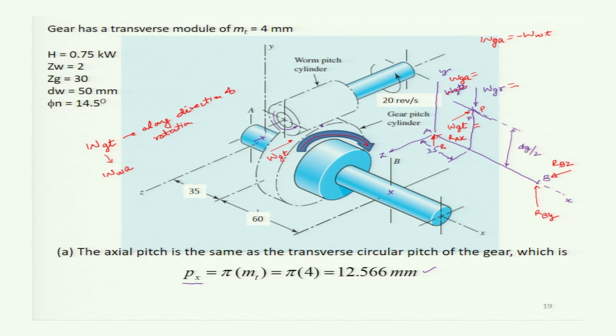This is R_Ay, and in the z direction will be R_Az. Okay. So we have 1, 2, 3, 4, 5 unknowns, in addition to a torque on it. So by applying the static equilibrium equations, you can find these forces very easily.